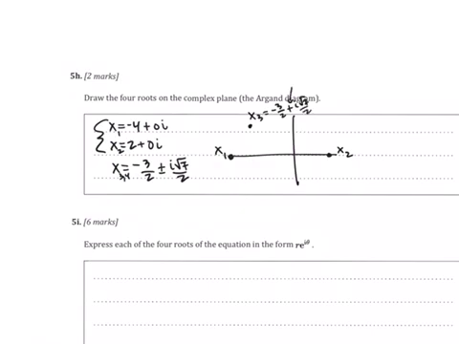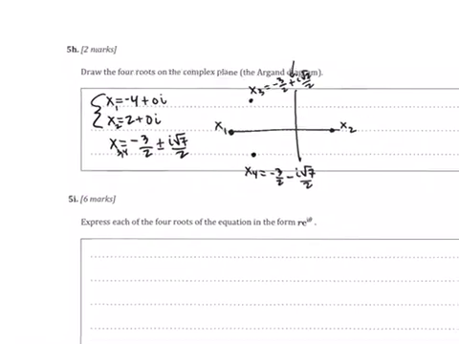So you can see the imaginary component is positive, and then symmetrically speaking, this would be x sub 4, which would be negative 3 over 2, again the horizontal travel, minus i root 7 over 2. So there you have them on the Argand diagram.